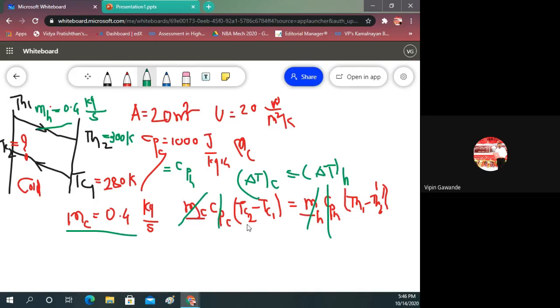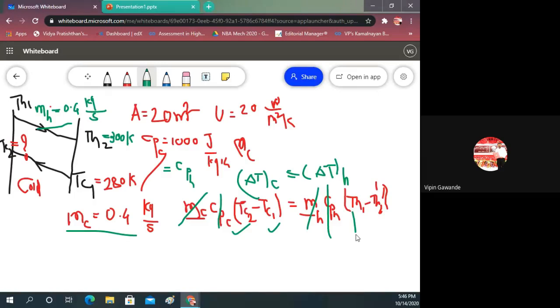Now here this is 300 minus 280. Sorry, this is Tc2, and Tc2 is not known. Now we'll see what is known to us. Tc1 is 280, and Th2 is 300.